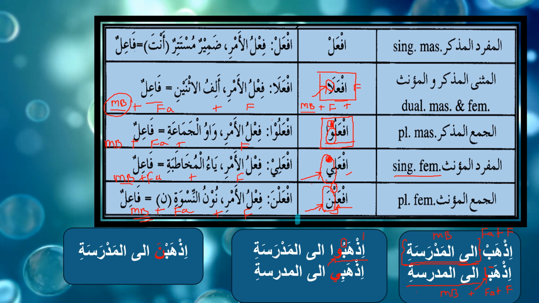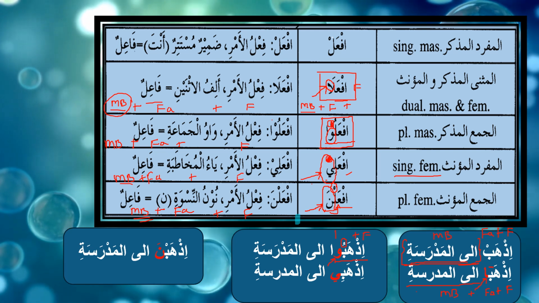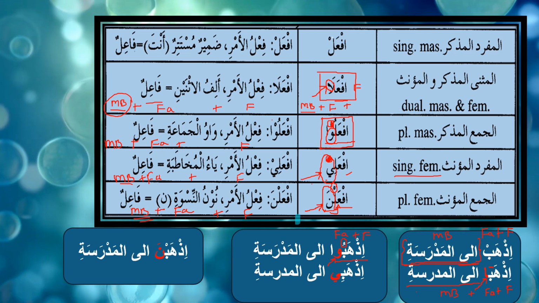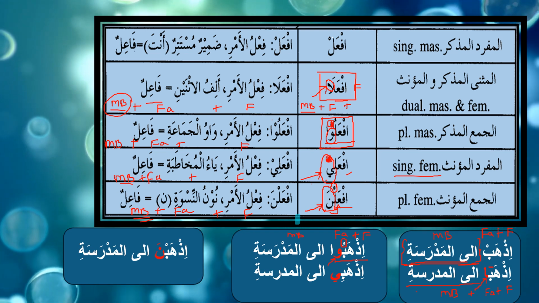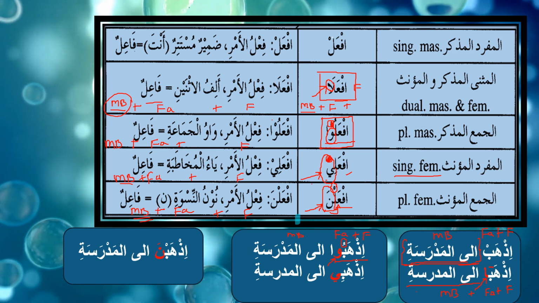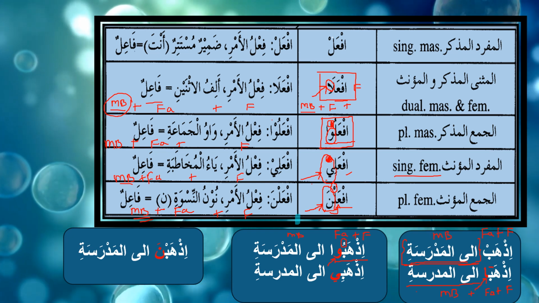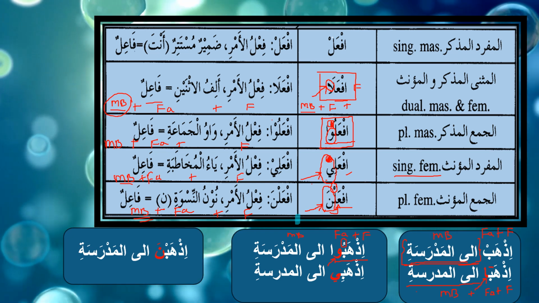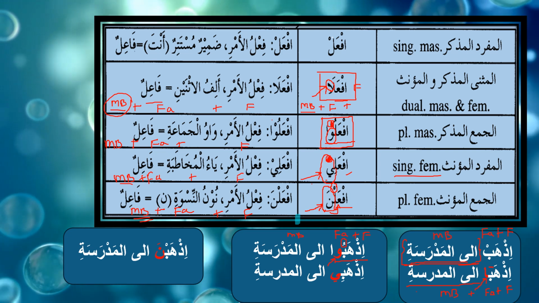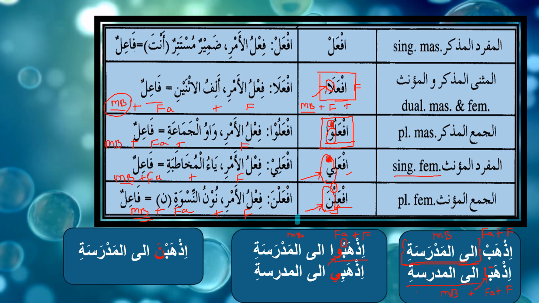We have our fa'il as waw al-jama'a, and the maf'ulun bihi as shibh jumla in the place of maf'ulun bihi. I just gave these examples to show you how you can know that these commands are for a single person, male or female, or plural, male or female.